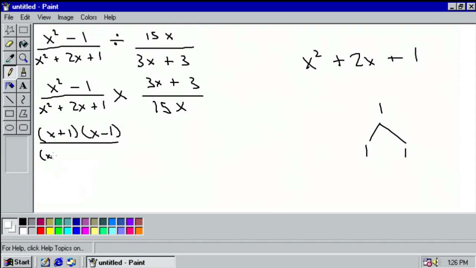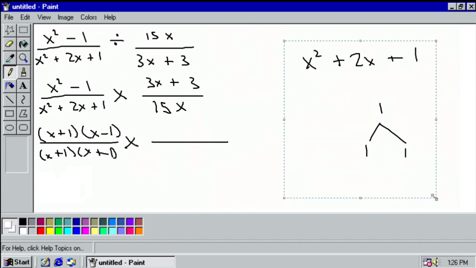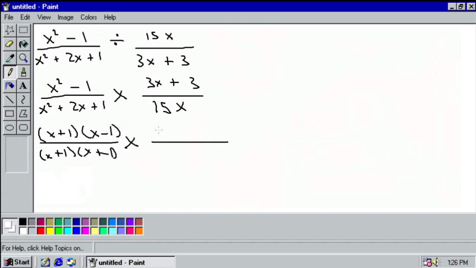It will become x plus 1 times x plus 1. Now we can factor this part. They have a GCF of 3. So 3x divided by 3 is x, and 3 divided by 3 is 1, plus 1. We can't factor that further, so we just leave it as that.